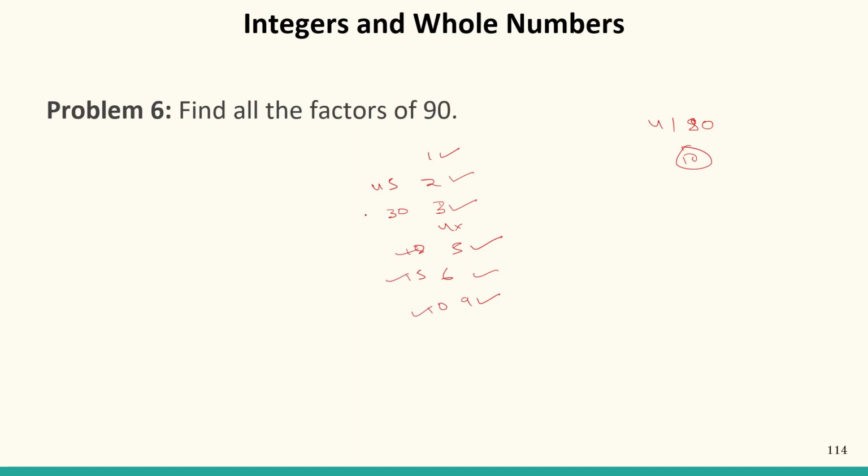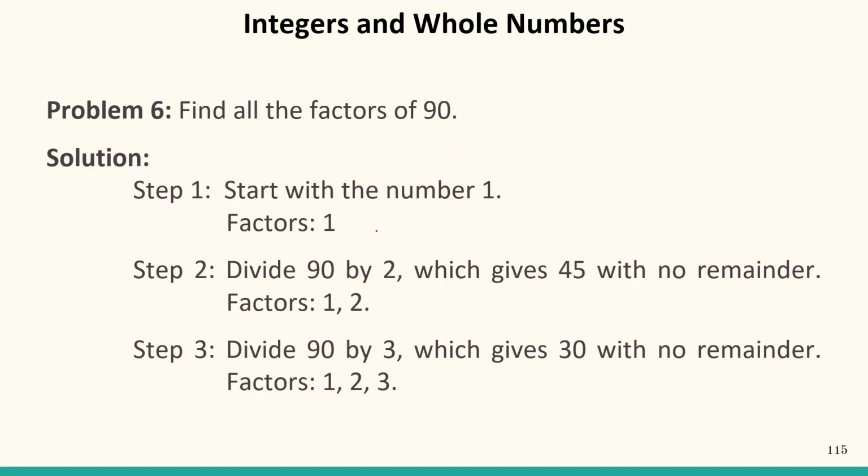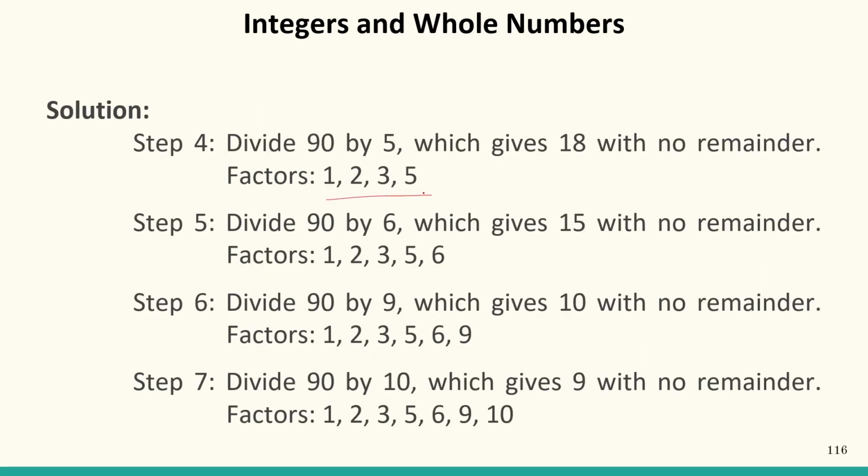1, 2, 3, 5, 6, 9, 10, and 90 itself also. So there are 12 factors listed as these, which actually divide 90. Starting with number 1, the factors are 1, then 1, 2, then 1, 2, 3, and then 1, 2, 3, 5, 6.